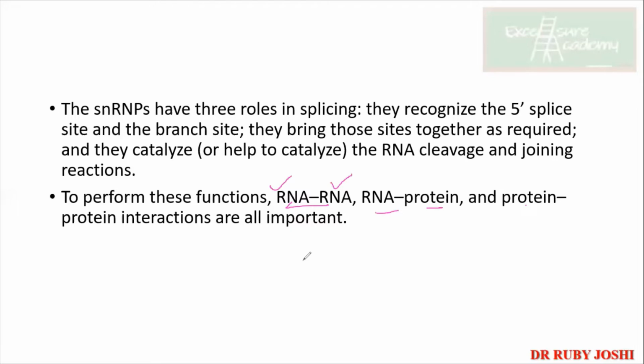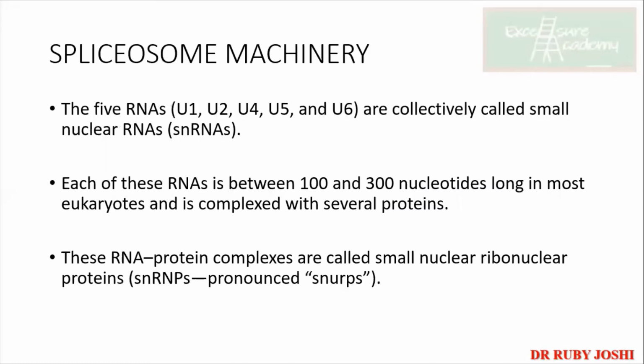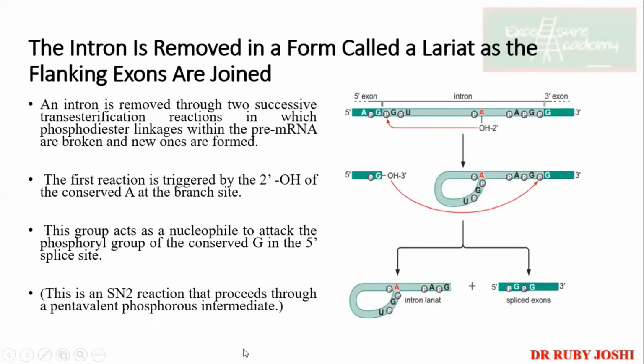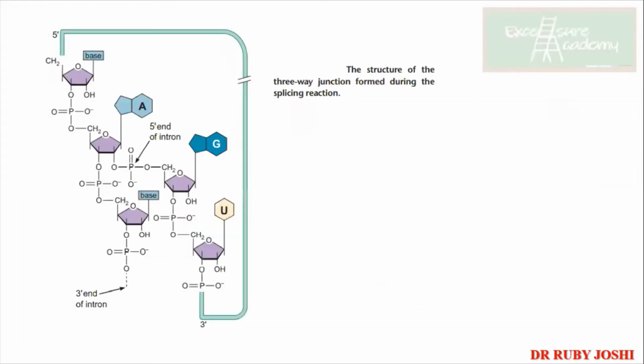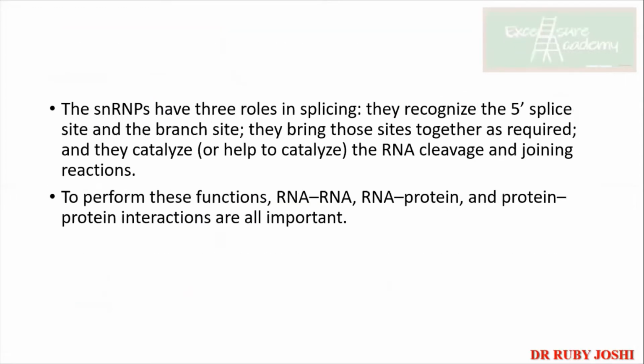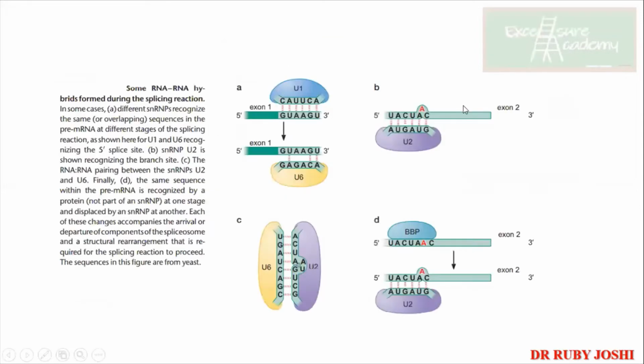If you remember the previous figure, we need to bring this side and this side together, right? This is only possible with different proteins, and the protein-protein interactions bring these two sides together. Now slowly we'll see how exactly the spliceosome machinery functions.